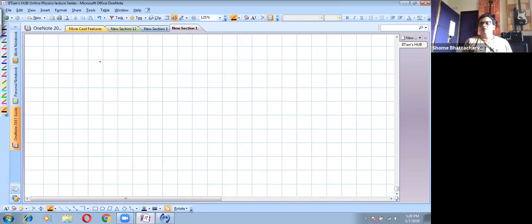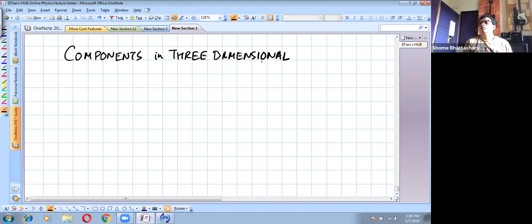All right, now let's come to the next section, which is today's part of vectors, where we'll understand components in 3 dimensions. In a 3-dimensional system.